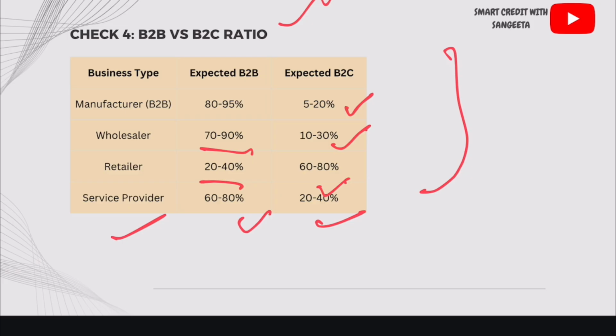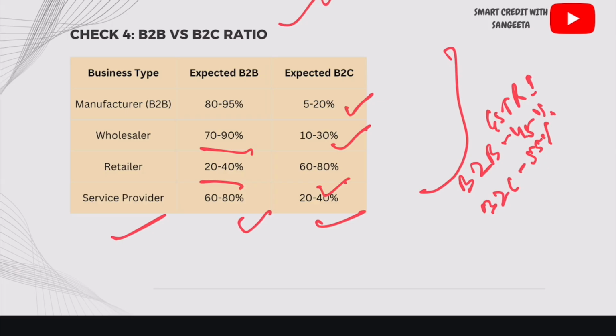Suppose, for example, the client claims B2B, say he is an auto component manufacturer, and the GSTR1 report shows that B2B sales are 45%, but B2C sales are 55%. Now, who's buying auto components in cash or retail? Auto component parts, who will buy in cash or retail?